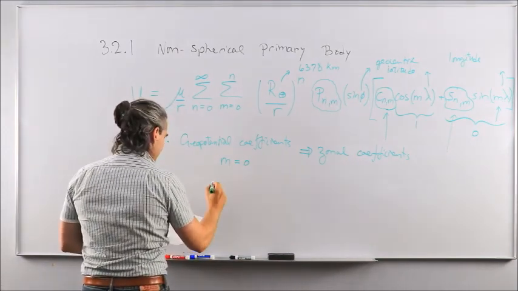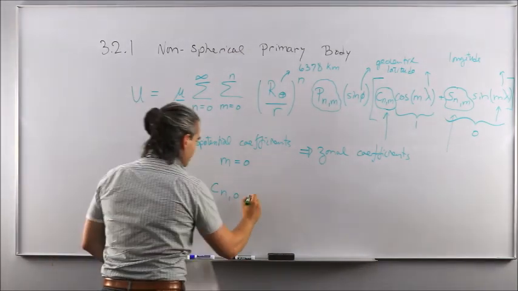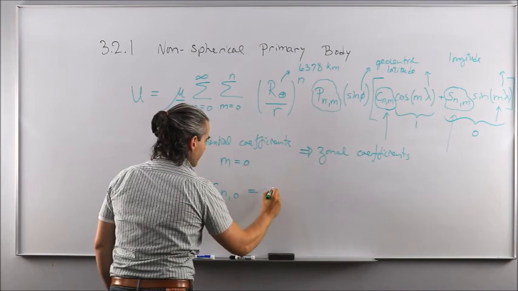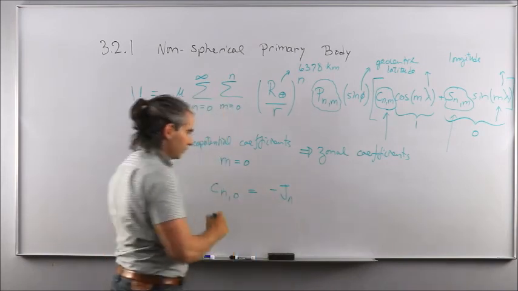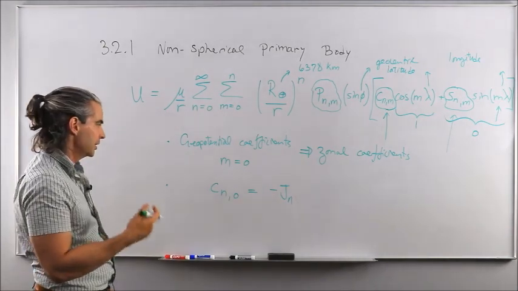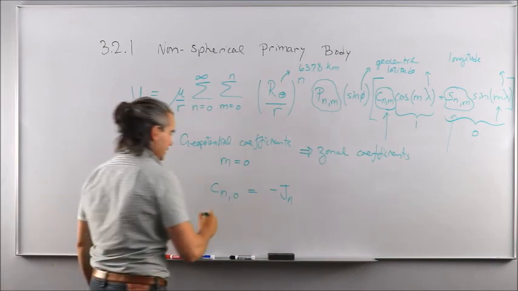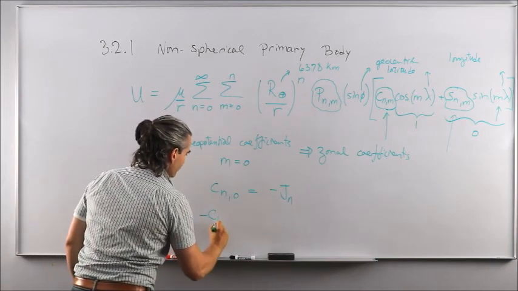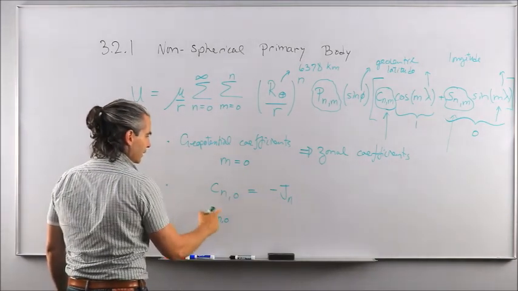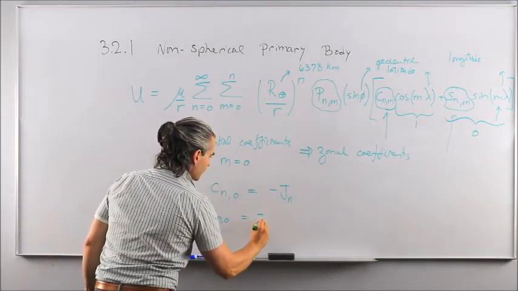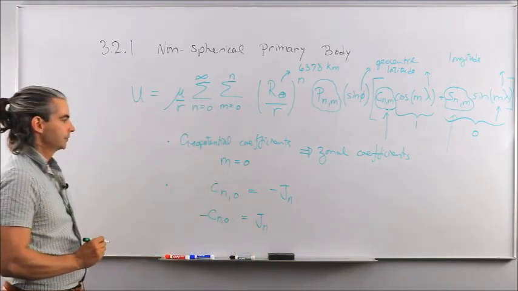So in that case, we're going to say that C_n0 is going to be simply referred to as minus J_n for whatever reason, okay? Maybe to ease up the nomenclature a little bit, I don't know. Or in other words, we're going to say that the negative of any zonal coefficients is going to be equal to J of degree n, okay?